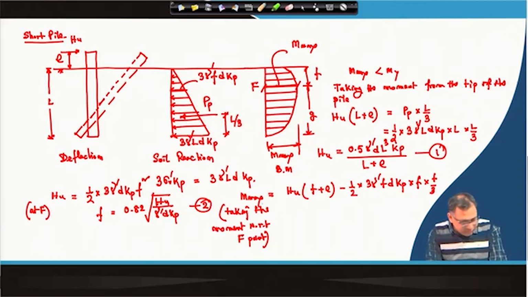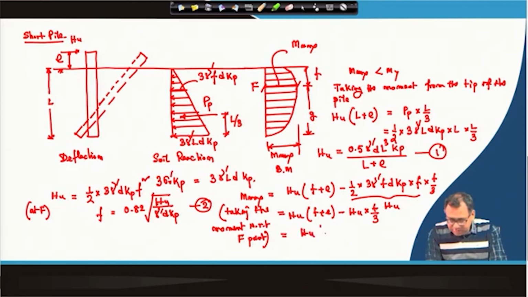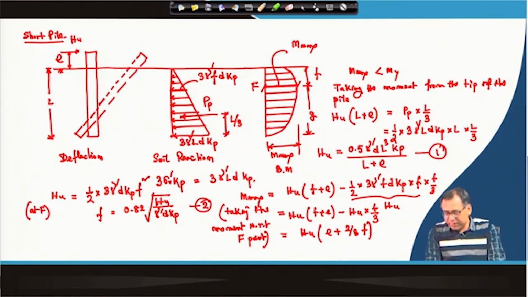If I simplify these things, this will be H u F plus E minus H u F by 3. Simplifying this, I will get H u into E plus 2/3 of F. So, this is equation number 3.